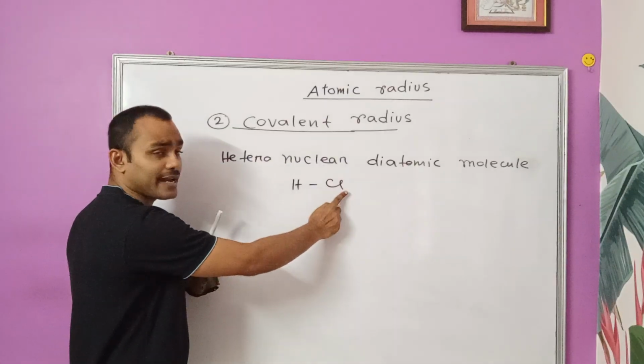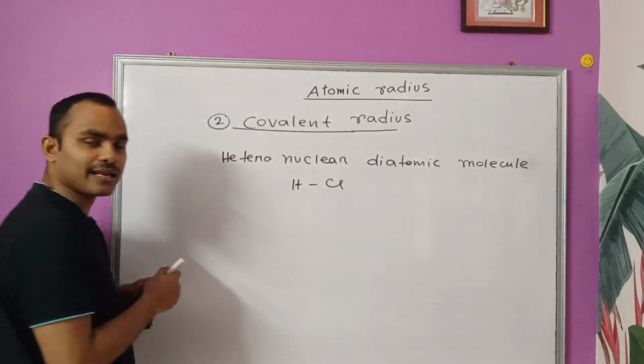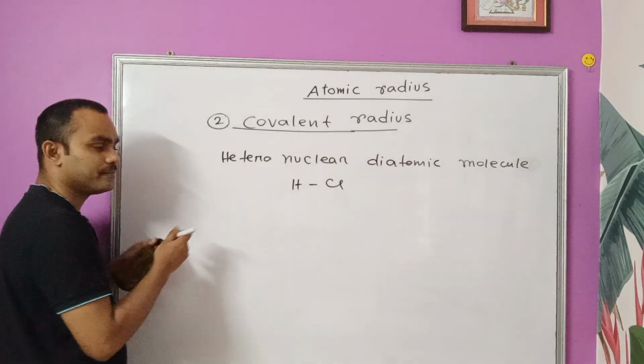These are different atoms. So for that we can calculate the radius by the Shoemaker and Stevenson equation.